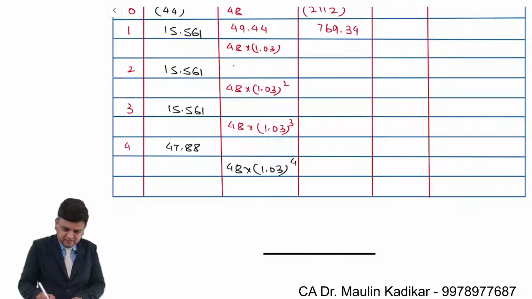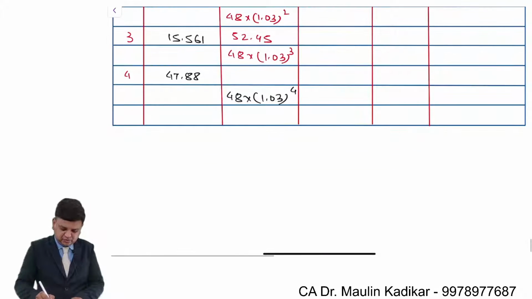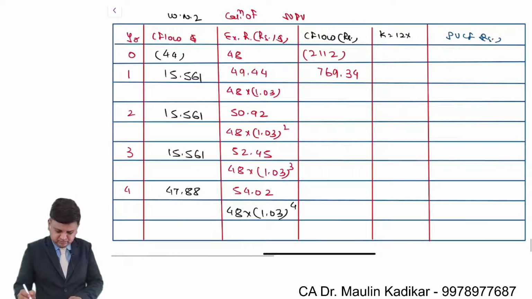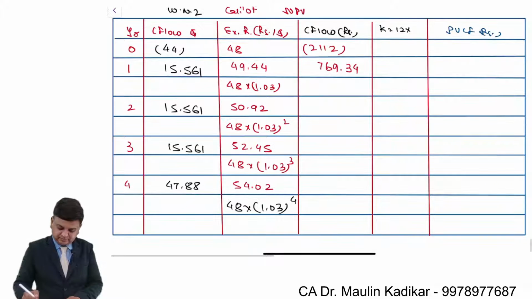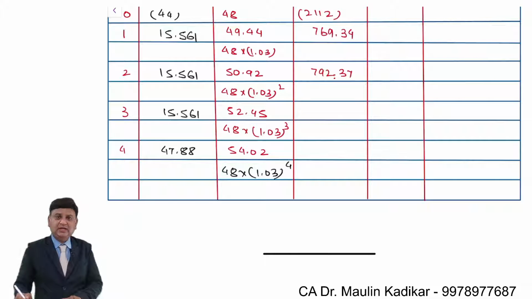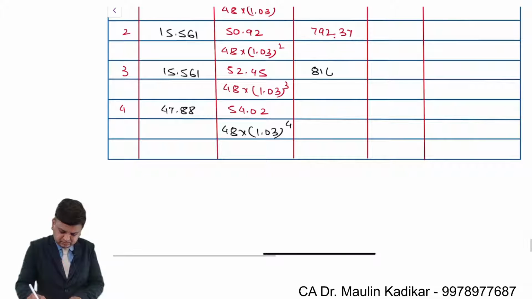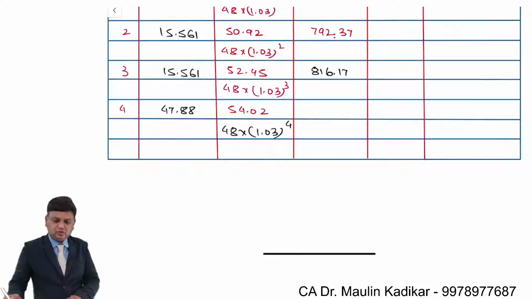Next year it is 50.92, 52.45, 54.02. Then the cash flows are 792.37, 816.17, and 2586.48.